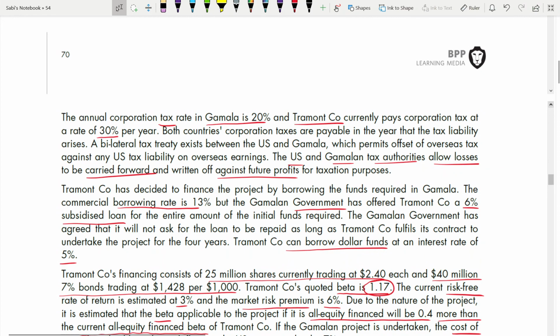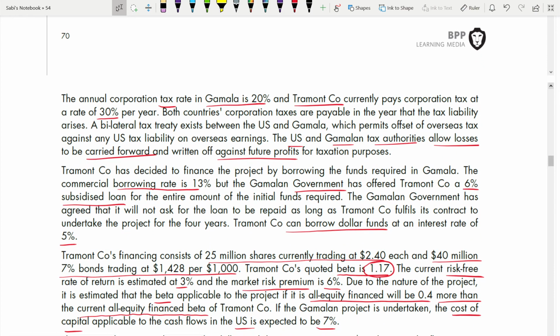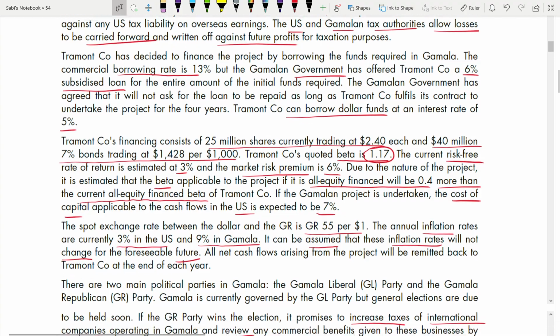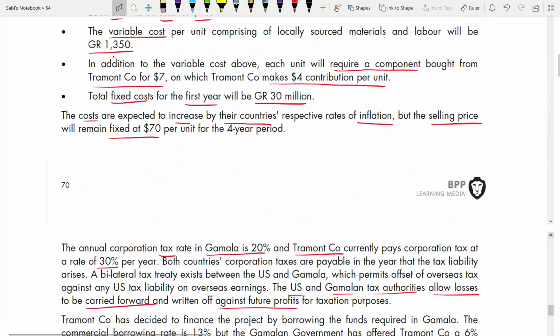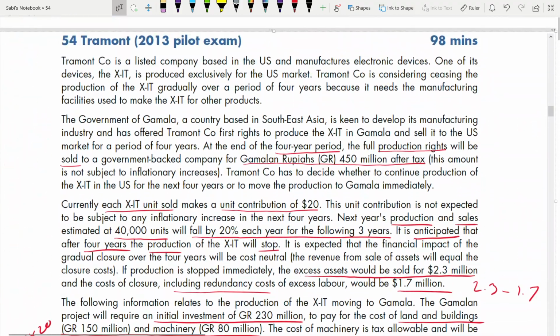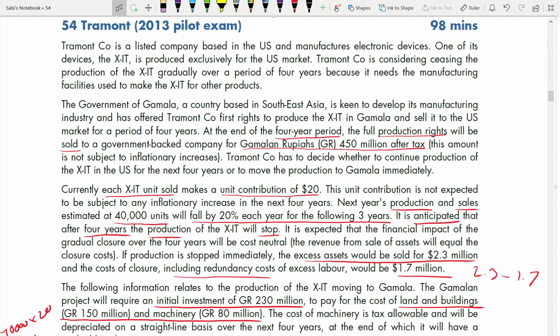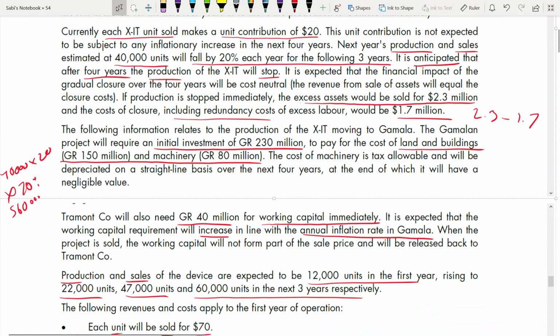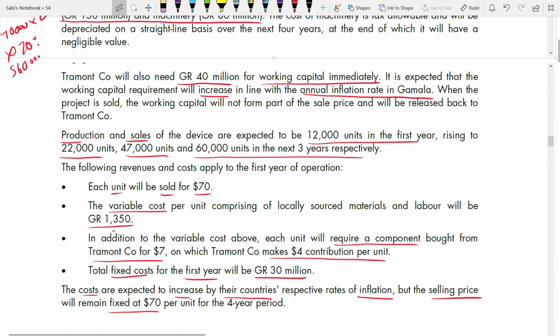So here, I don't need so much, since I have used all this information, it's very clear that the remaining information does not apply. Okay. So I know that the information which I need is from this paragraph only. First, second, third paragraph. The third paragraph. And maybe that 4 contribution per unit.